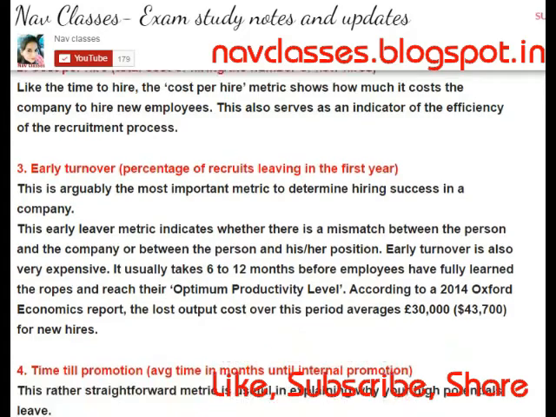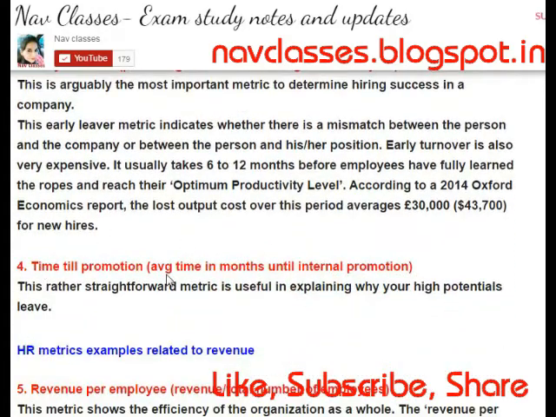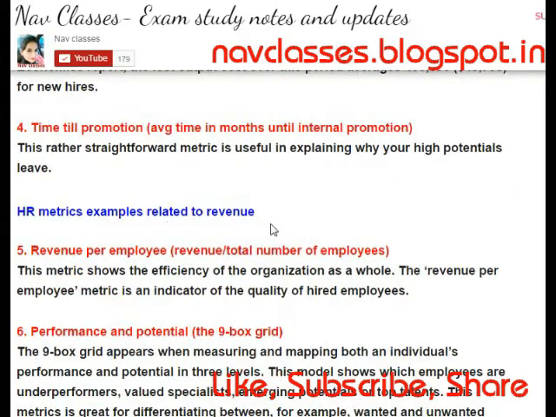So it is important to know why people are leaving our organization. Then time till promotion is also important. This straightforward metric is useful in explaining why your high potentials, your employees who have great potential, are leaving your organization.